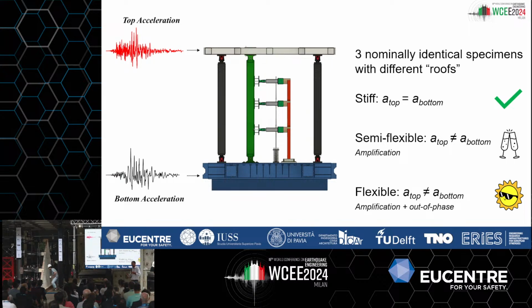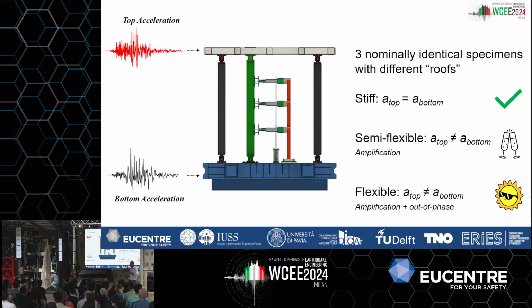So we are considering a sort of semi-flexible roof with, ideally, the same period of vibration of the structure, something like that. And the third one, that we will conduct in the Italian summer, so I guess in a couple of weeks, will be with completely decoupled accelerograms.